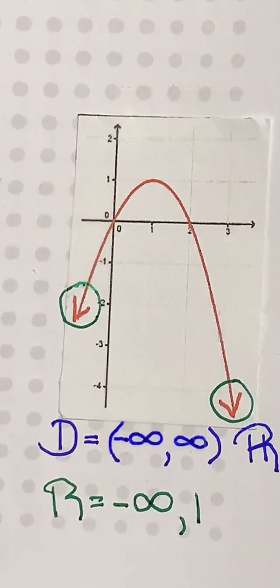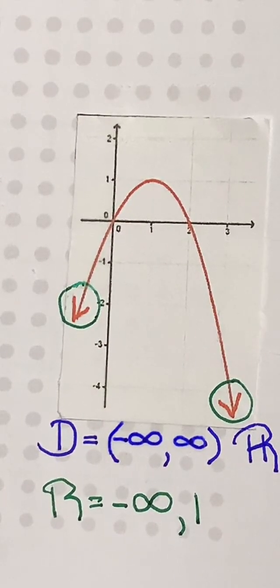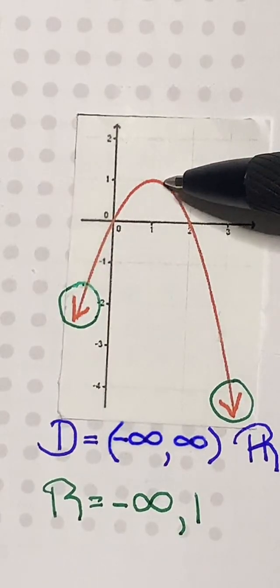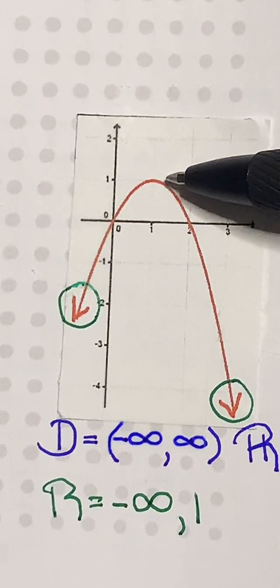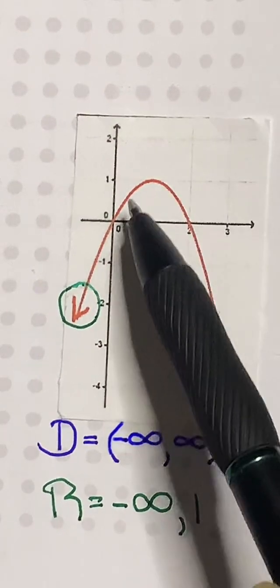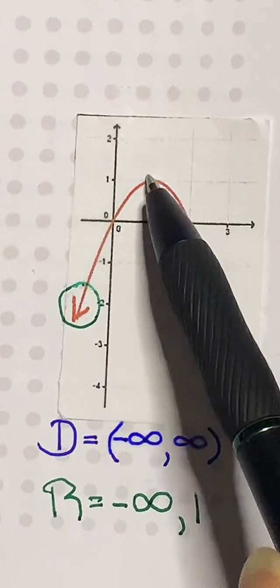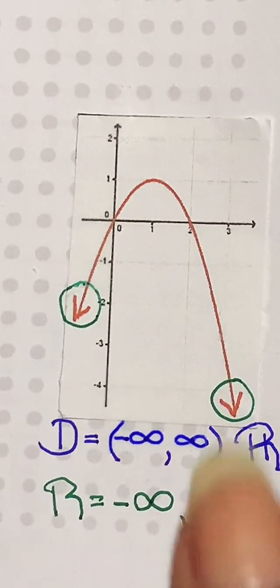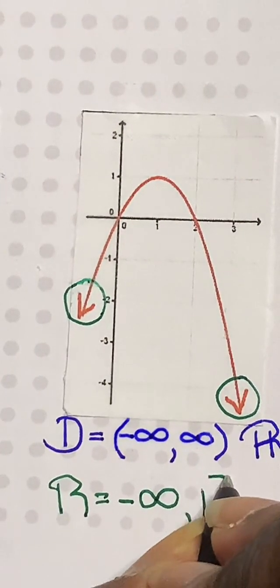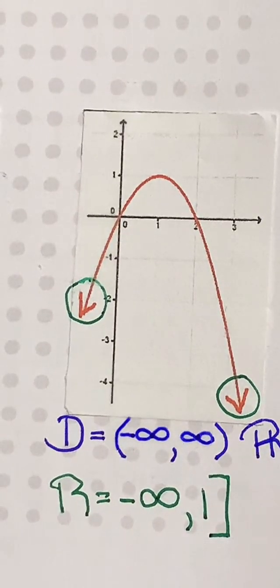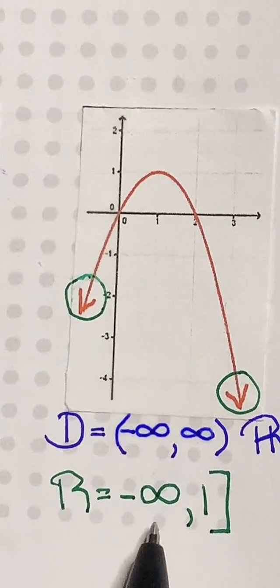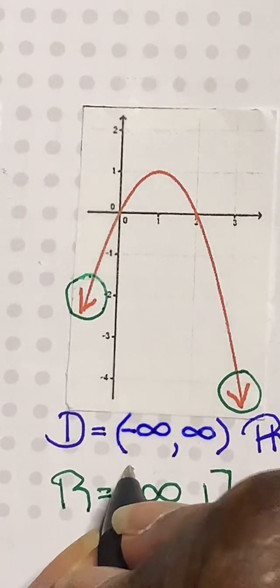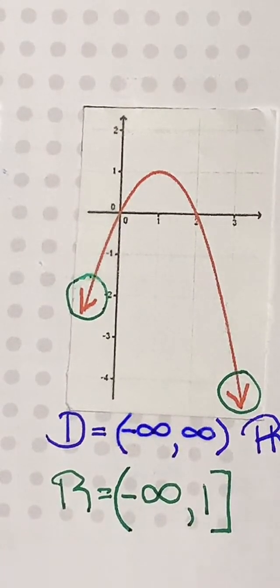Good. Nice. I love it. Good. You guys are doing so well with this. Now, there is no circle. Okay? There's no circle. It's a continuous curve. So that means it's including the 1. So we're going to put a bracket. Okay? But infinities, regardless if it's positive or negative, it's always a parenthesis.